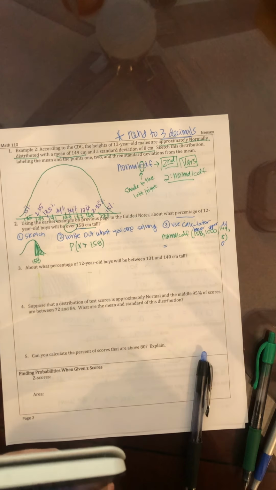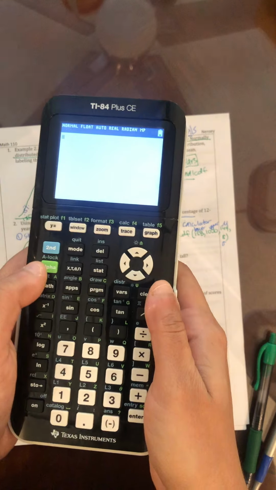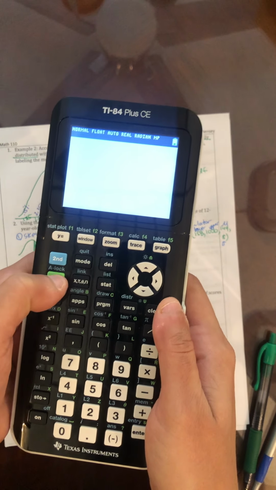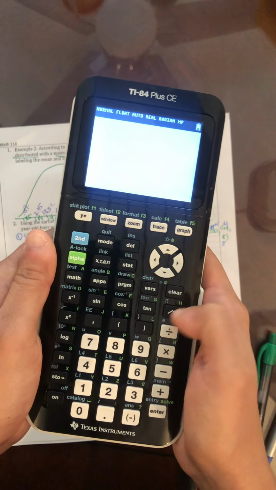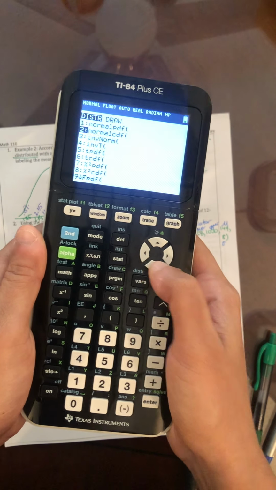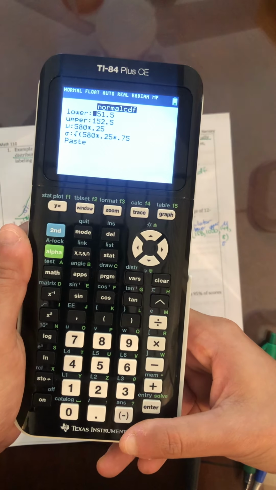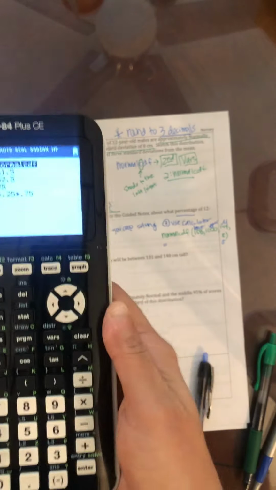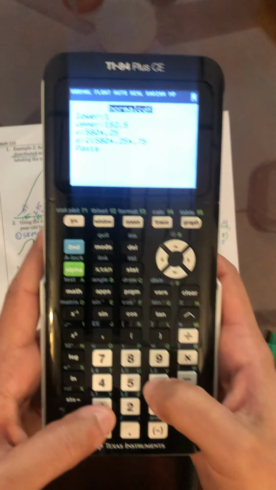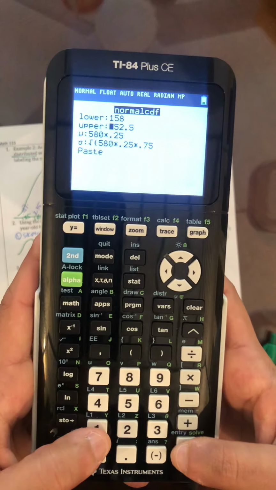The first thing I'm going to do is turn it on. Then I'm going to hit second, which is the blue button. Then I go to vars, which is next to the clear button, and then I'm going to go down to 2. I have an example in already, but my lower was 158, so I'm going to write 158. My upper is 1,000.